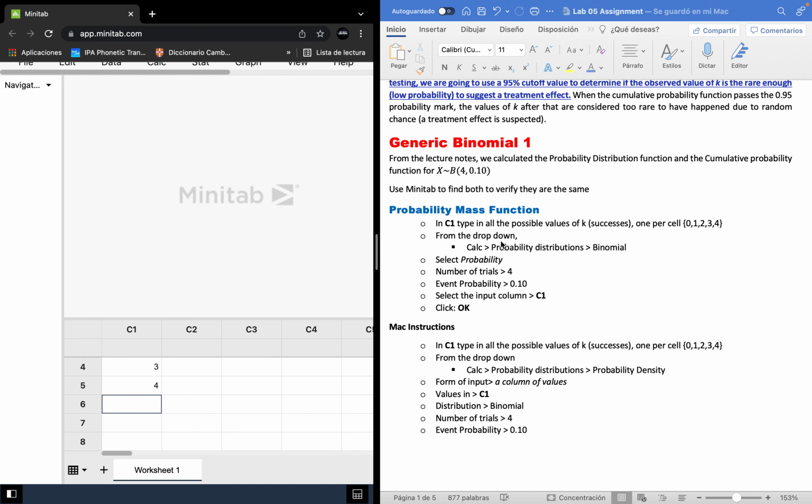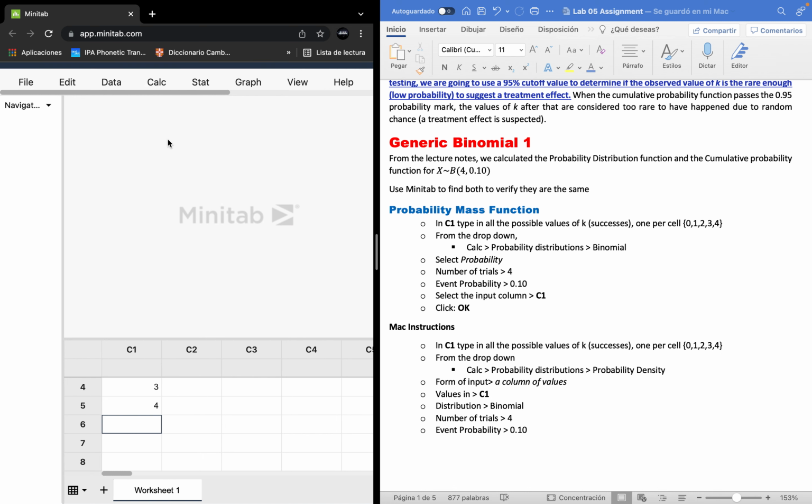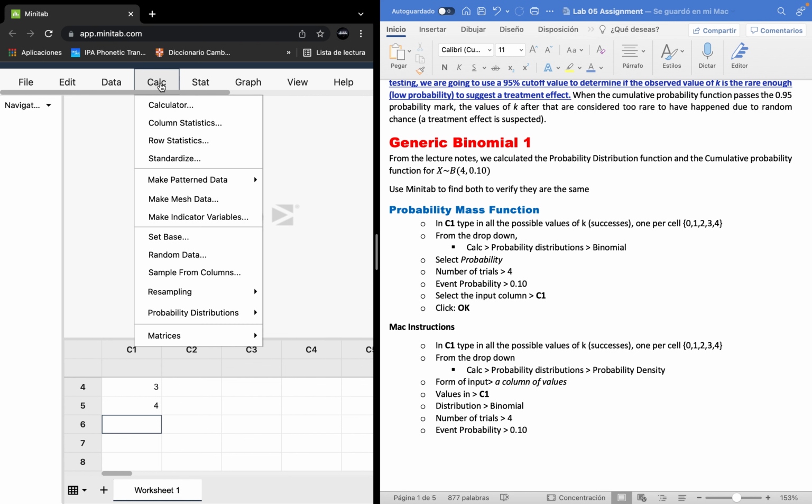Now go to the menu: Calc, Probability Distributions. Notice that in this version for Mac or this web app, we don't have directly the option for binomial. So we have to click on Probability Distributions and then Probability Density Function.